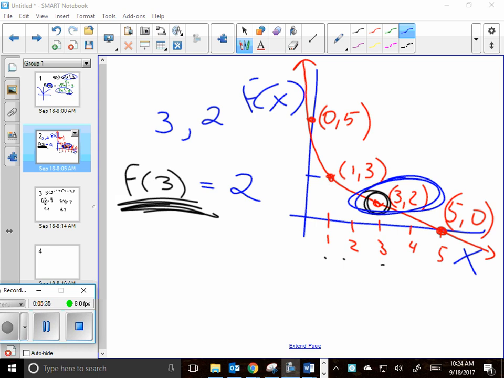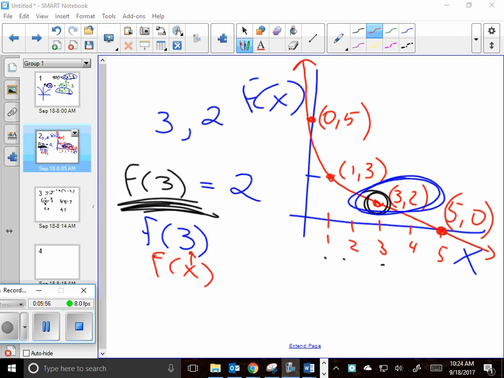Yes? Why is f of x or f of 3 on the x side first? Okay, hold on. Didn't you just say it? You said f of x, didn't you? By saying f of x, you just said that x is 3.